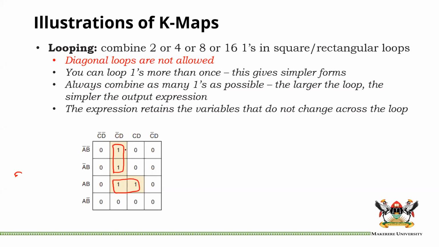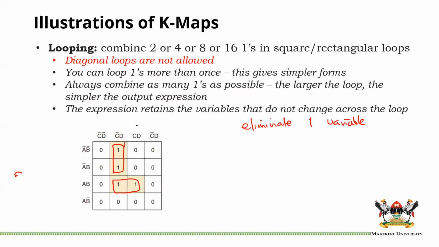And we have already seen how we extract information. So if we look at this loop, each of these loops will eliminate one variable because they are two state loops. In other words, each loop is combining two boxes.